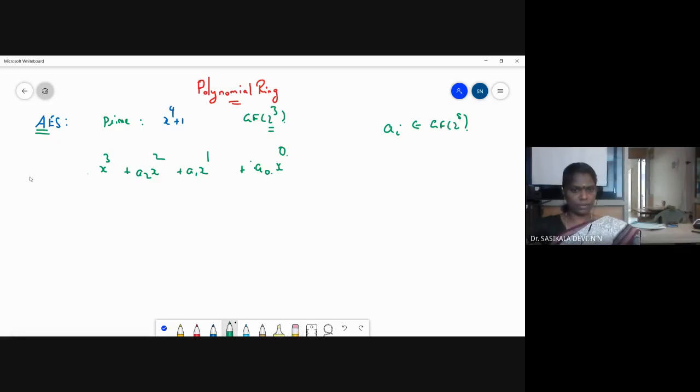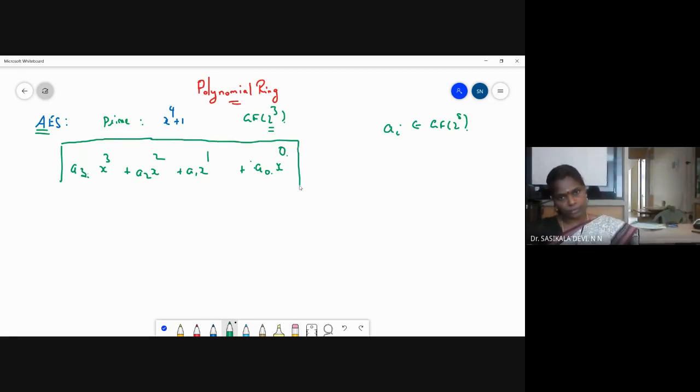Just carefully observe this polynomial, which is based on an indeterminate x. A0, A1, A2, A3 are all elements over GF of 2 power 8, so this is known as a polynomial ring. This is the base for the mix column round.